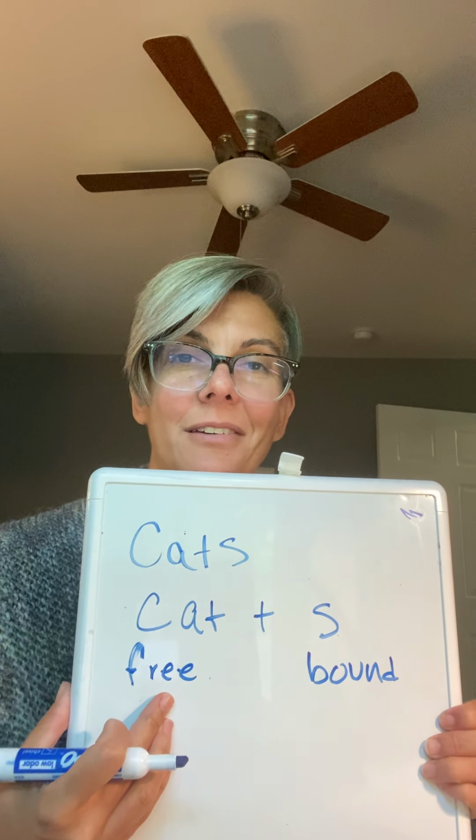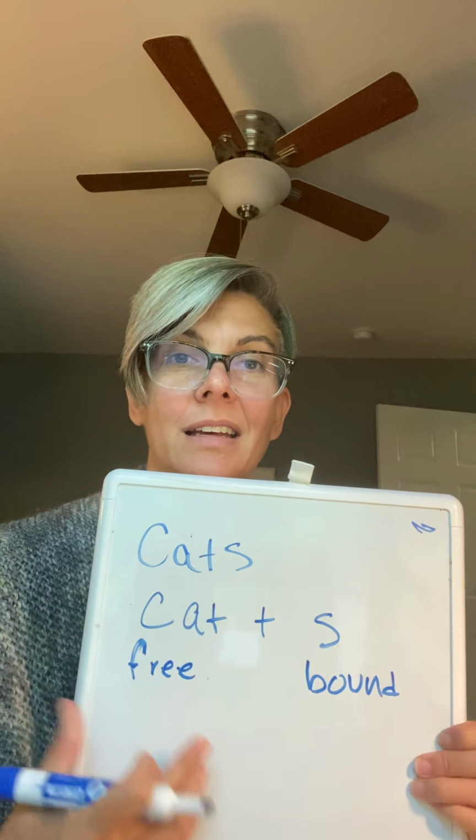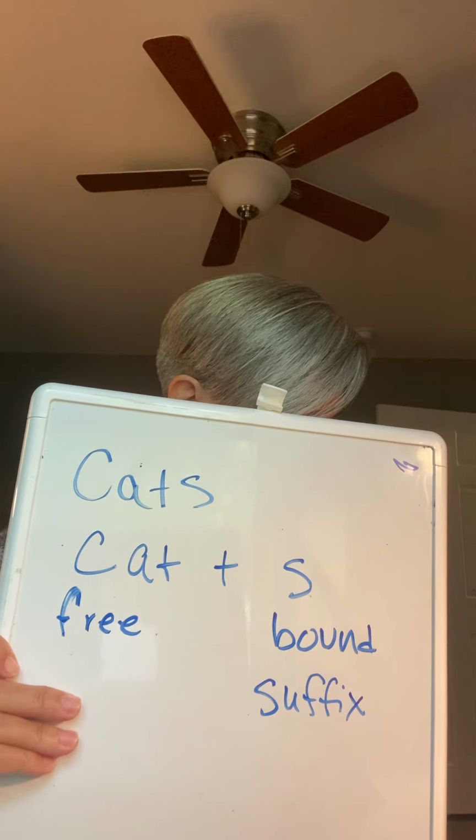Okay, our next question is, what kind of affix is involved? Prefix or suffix? Cat is not a prefix or a suffix. It's a root. S is a suffix because it comes at the end of the word.